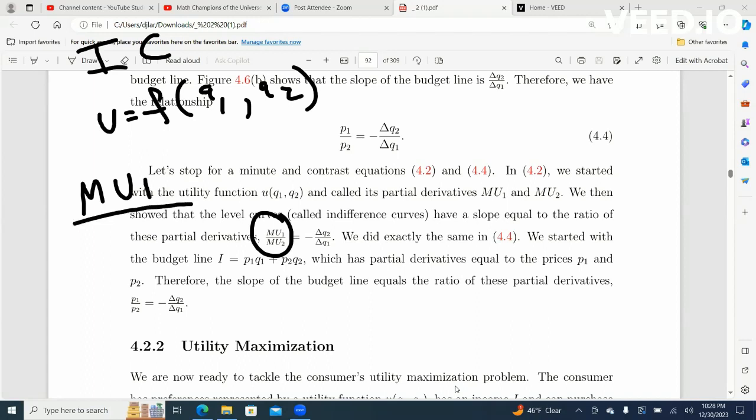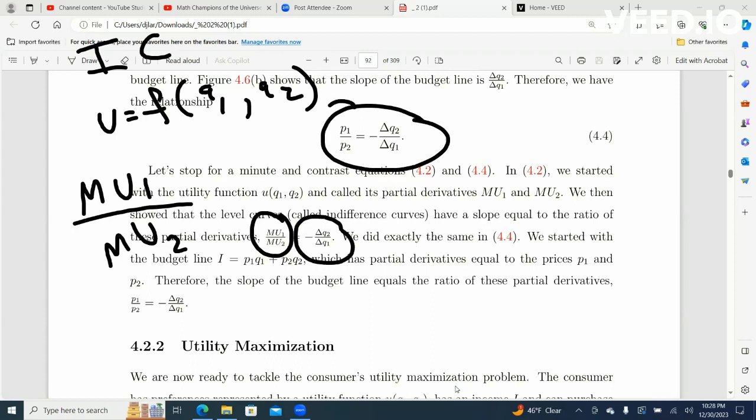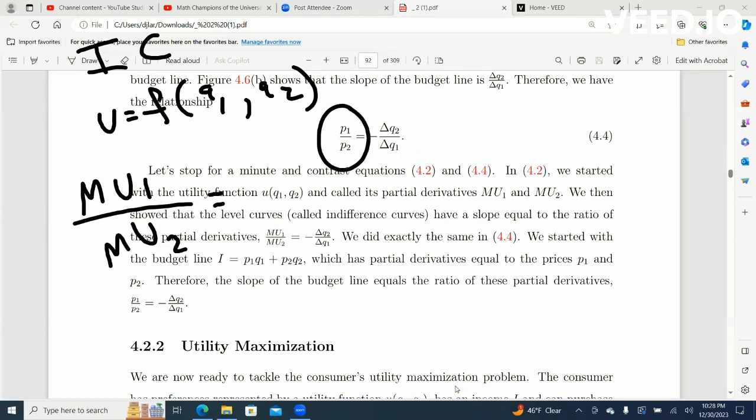It is the absolute value of the slope, but we prefer to say it's negative the slope. Where does that come from? It's all just notation, so everybody gets mixed up as far as lecturing, but it comes from the budget line that we just did.